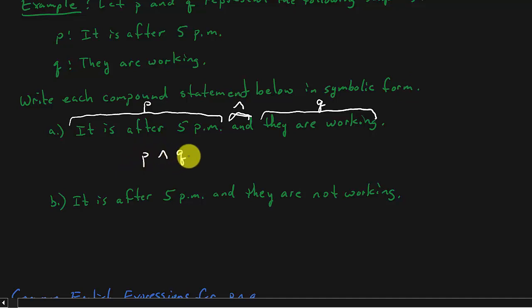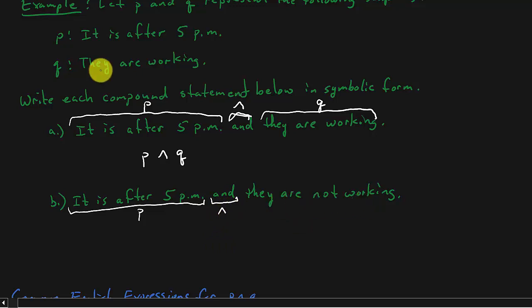All right, so what about B? It is after 5 p.m. and they are not working. So this one represents the statement P, and represents our symbol. They are not working.